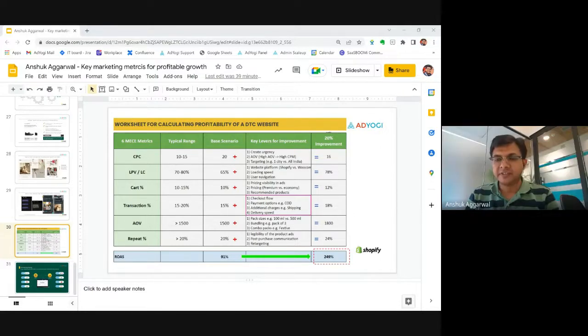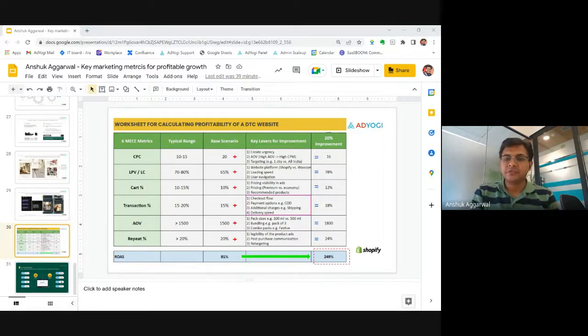Yes, I think that's a very, very valid question, Prashant. We see that attribution has become a problem in the last one year. Some of it is because of the iOS 14 impact, which I spoke about. I can tell you two things which can be done. One, a lot of brands are now moving towards a slightly simpler metric.